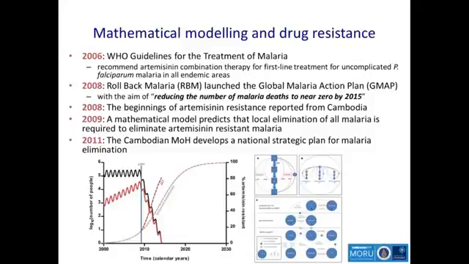And then that very year, the beginnings of artemisinin resistance were reported in Cambodia. So one of the major tools for achieving this aim was starting to be lost in 2008. That was around the time that I gave up my Muay Thai career and started doing mathematical modelling again.